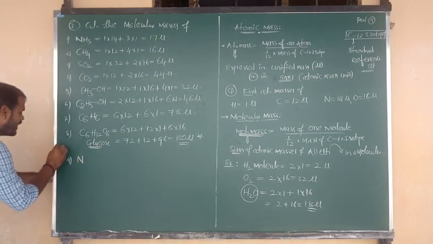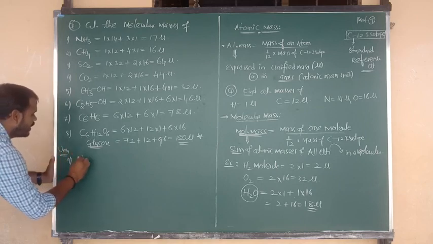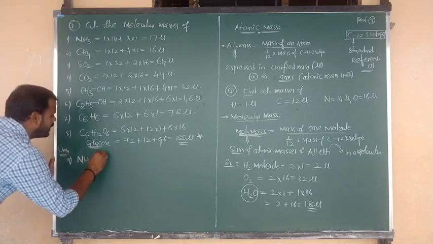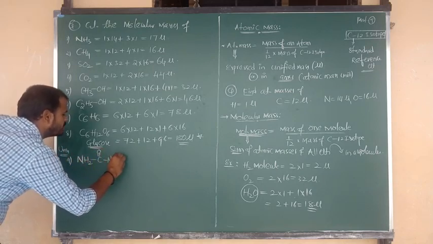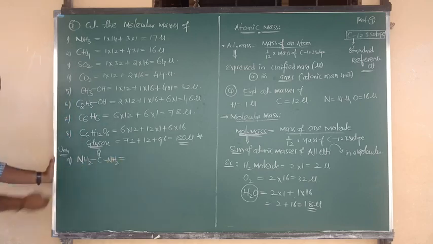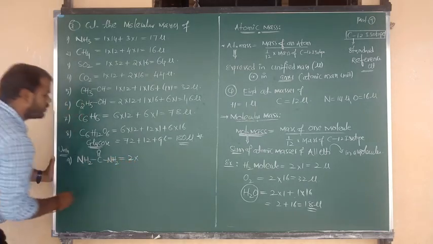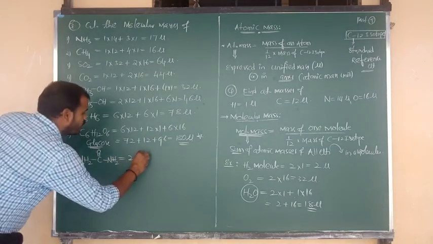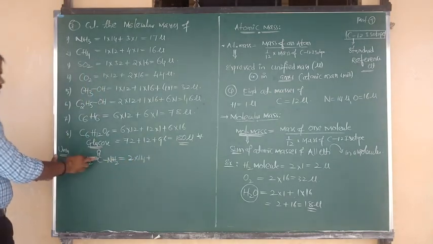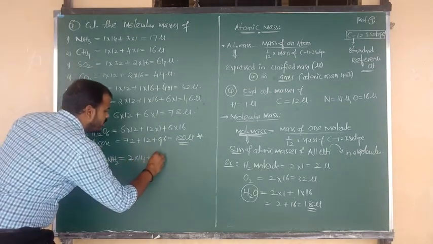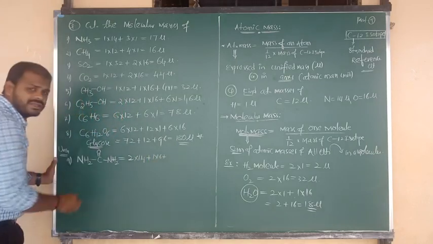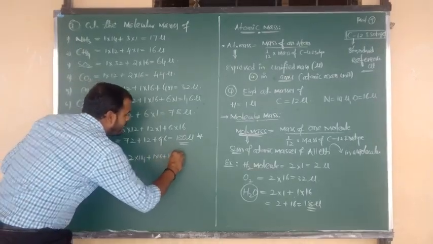Just now I have told you. What is the formula of urea? NH2, bond, C double bond O, bonded to NH2. Total nitrogens are 2. So 2 into each nitrogen mass, how much? 14 units. Number of oxygens is 1, so 1 into 16. Number of carbon is 1, so 1 into 12.